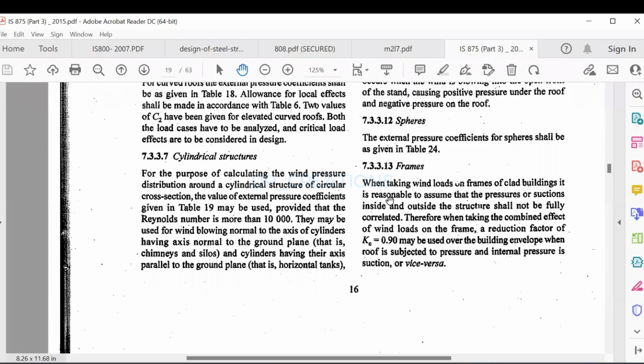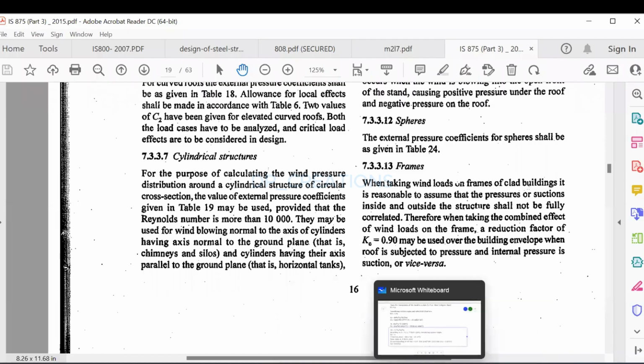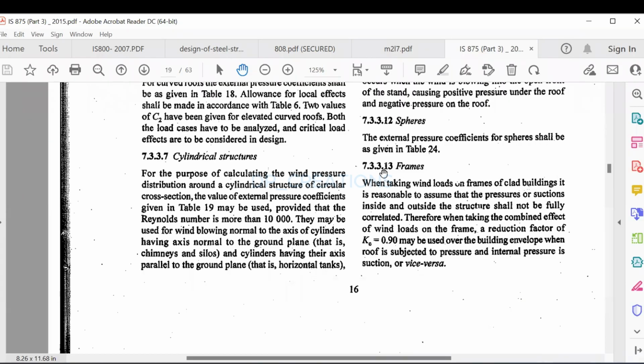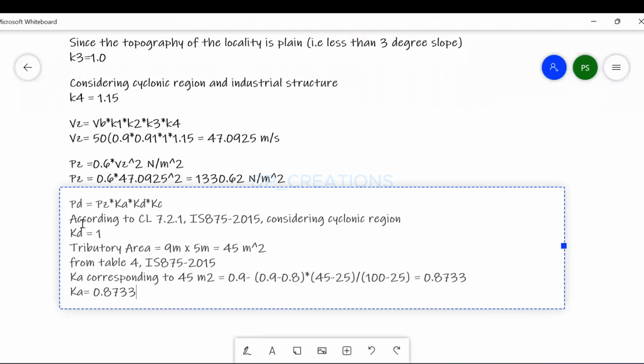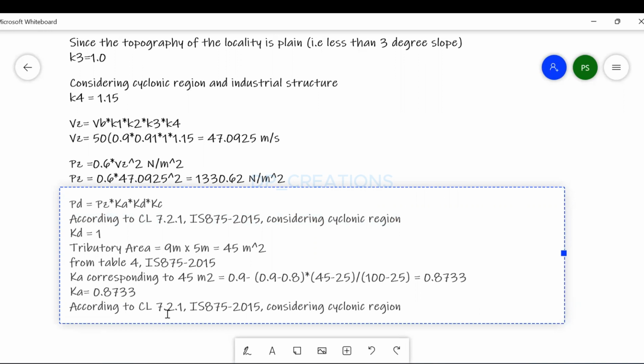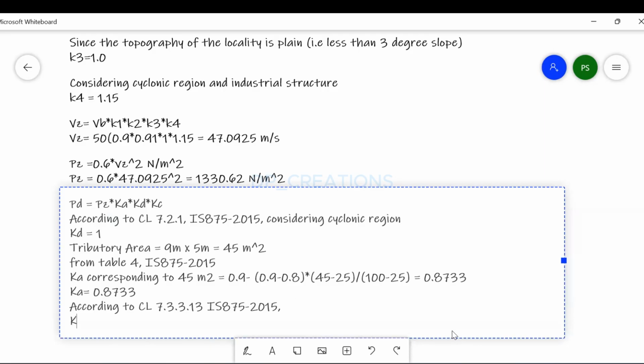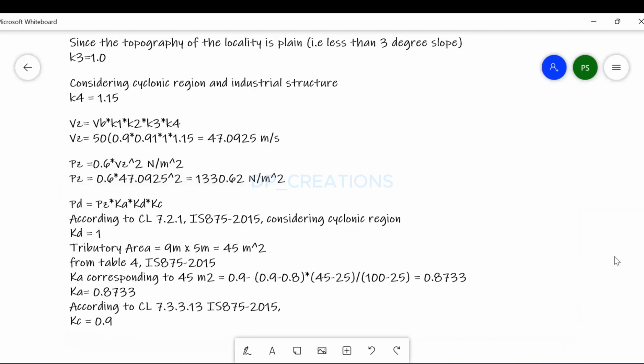So the value is 0.9, clause 7.3.3.13. So Kc equals 0.9. Okay, so all these coefficients we have calculated.